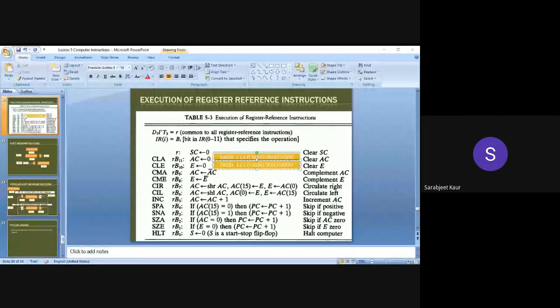Is that right? Yes, ma'am. And for CLE, it should be E4. What is this? 4, right? E400. So it will be E400 and so on, so forth.